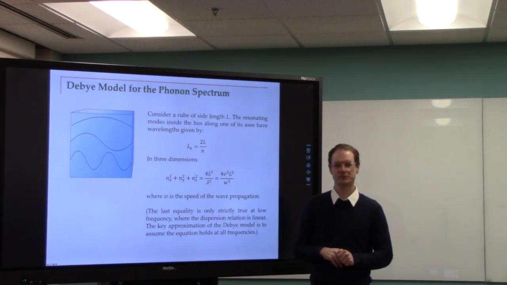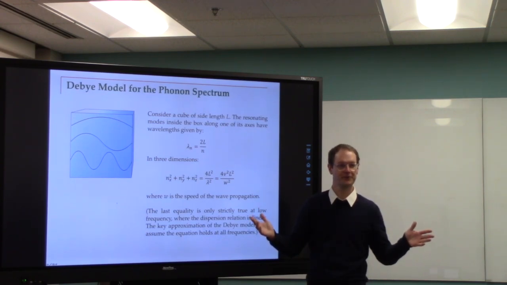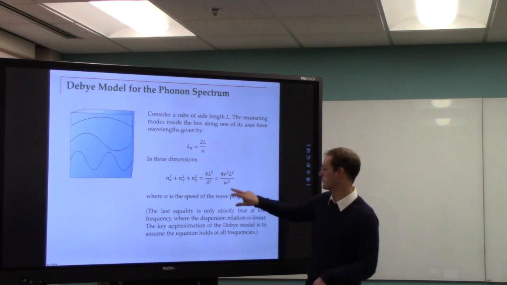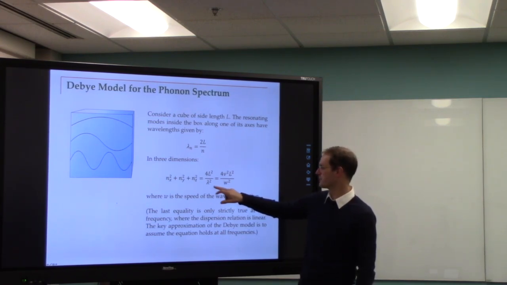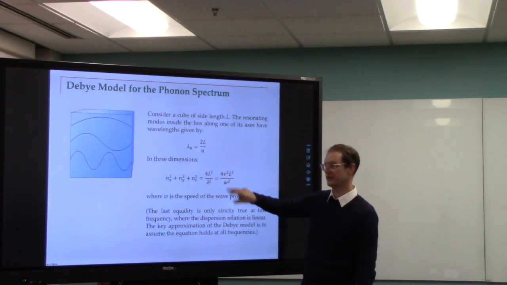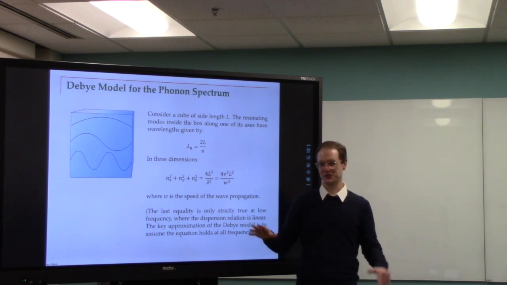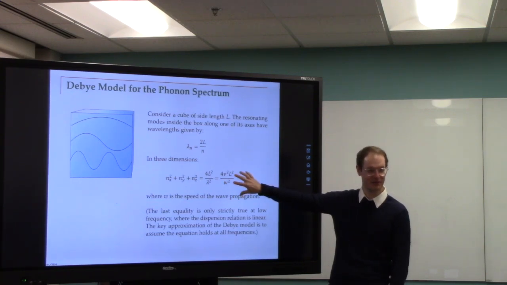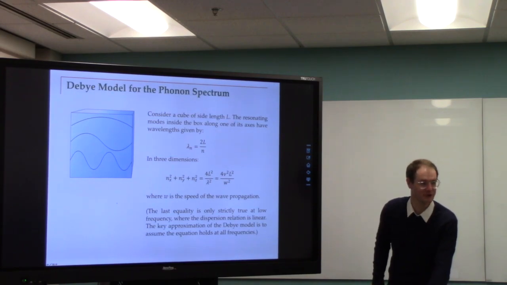So this is like, if you're familiar with dealing with light waves, where the frequency is c over lambda, right? So that's basically what we've done. So w is the speed of propagation, and lambda equals the speed divided by the frequency. Does that make sense? This is actually not a rigorously true equality, but it is an assumption that's made in the Debye model, and it's true for describing the low frequency phonons.